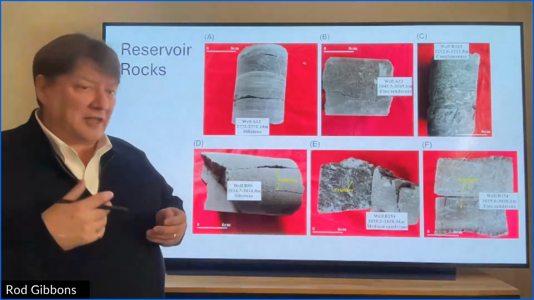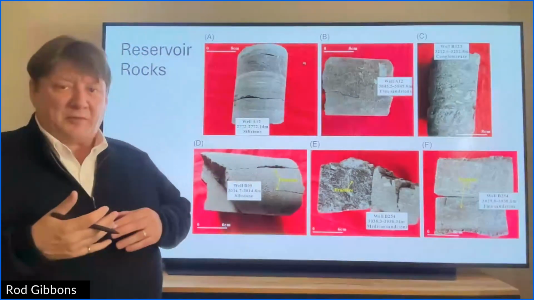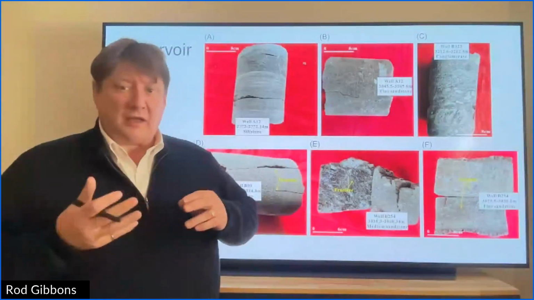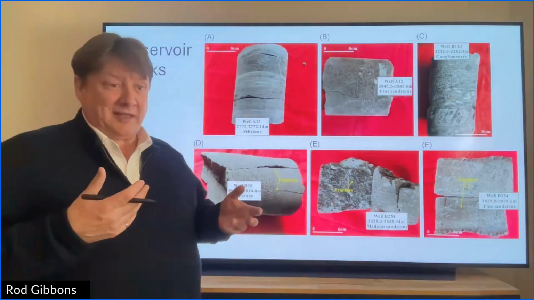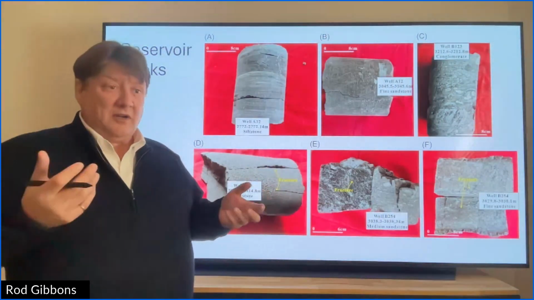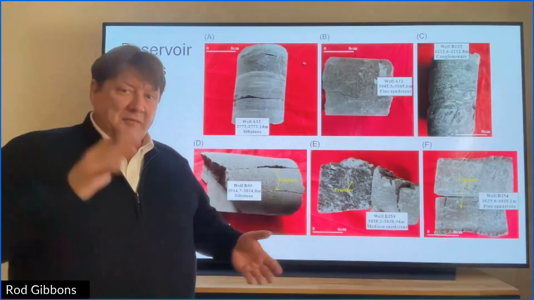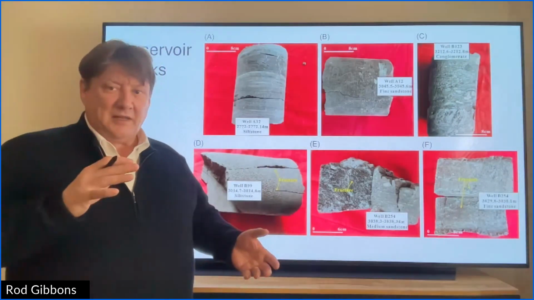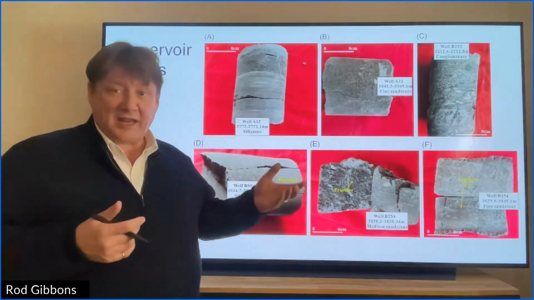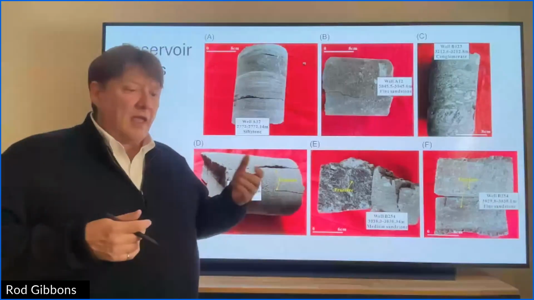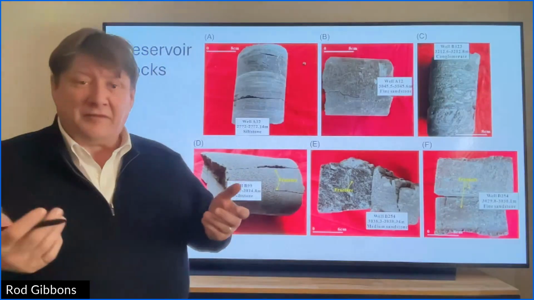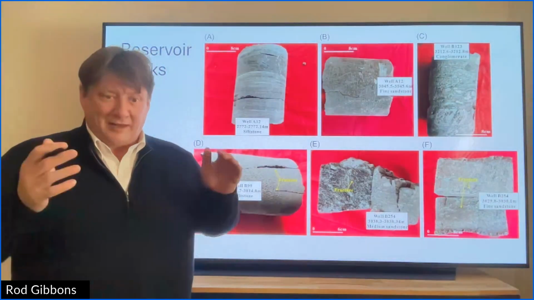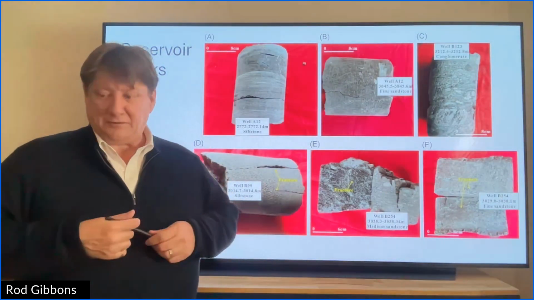Lots of times a reservoir will be either sandstone or limestone. Sandstone is basically sand, like a beach or desert, that over time gets compressed and solidified into sandstone. And limestone is like a reef that gets buried and deposited and turns into limestone.